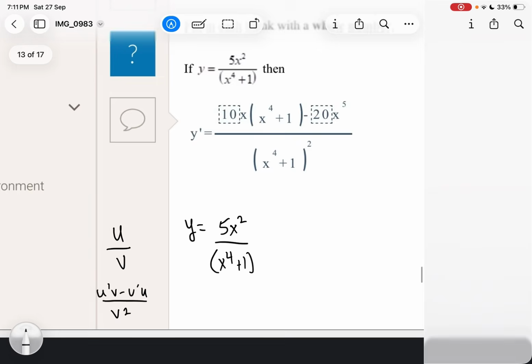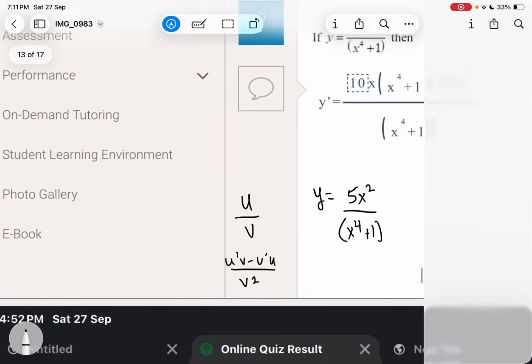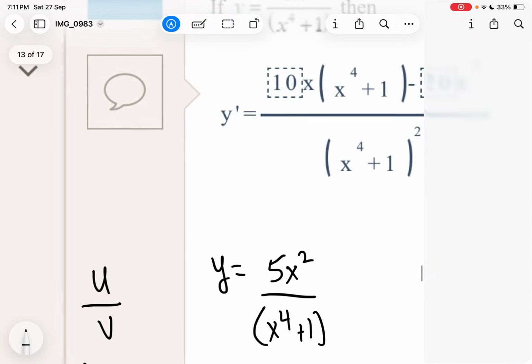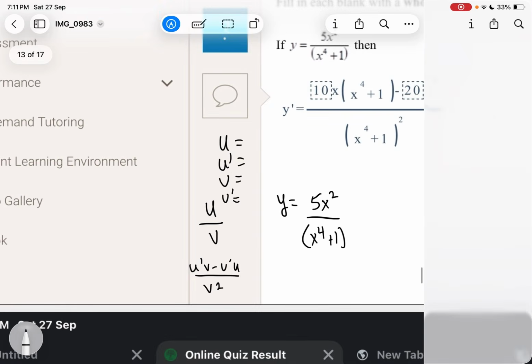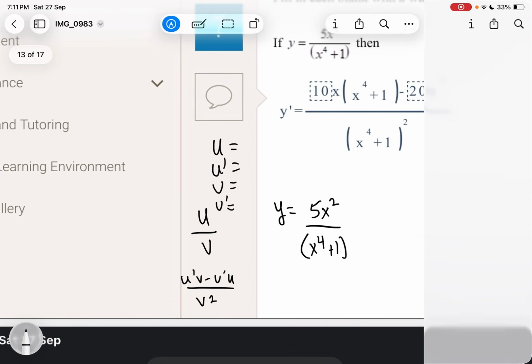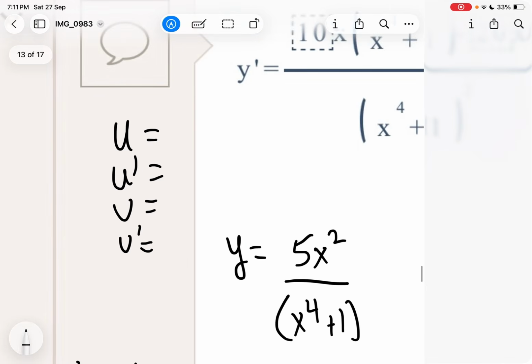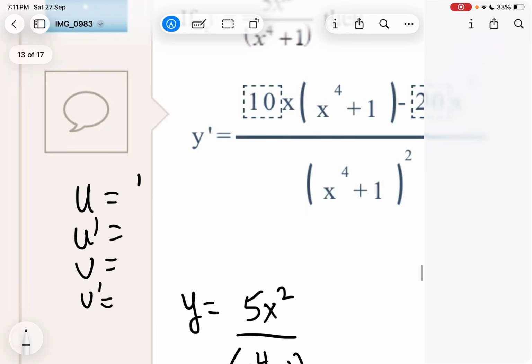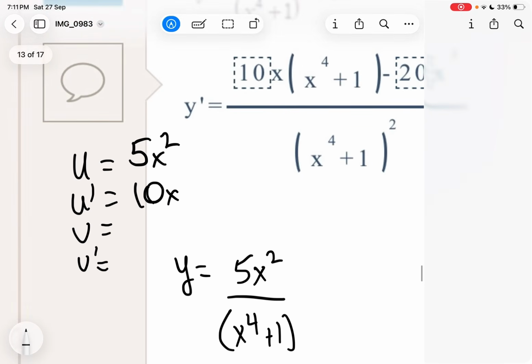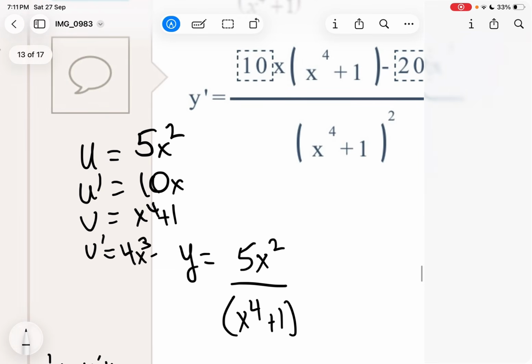Now before solving, take the points so you can solve directly. u is 5x squared, u prime is 10x, v is x^4 plus 1, and v prime is 4x^3 plus 1.